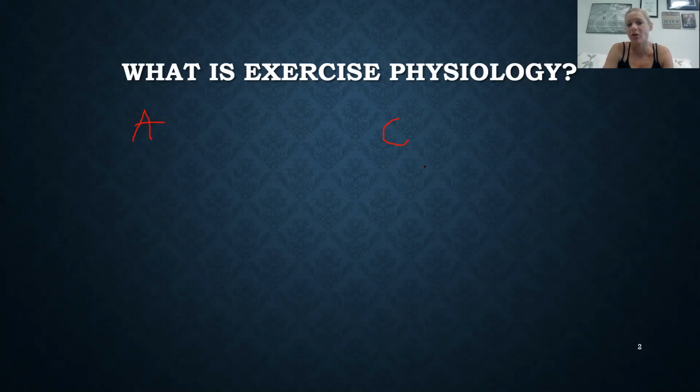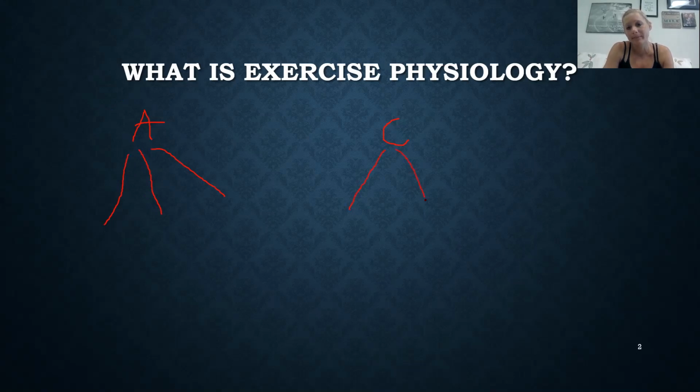So when we look at chronic exercise, we're concerned with the adaptations my body can make over time. Within either of these, there are three different branches we're concerned with.